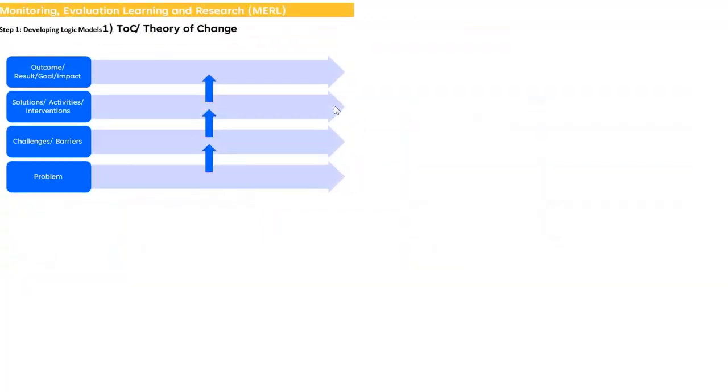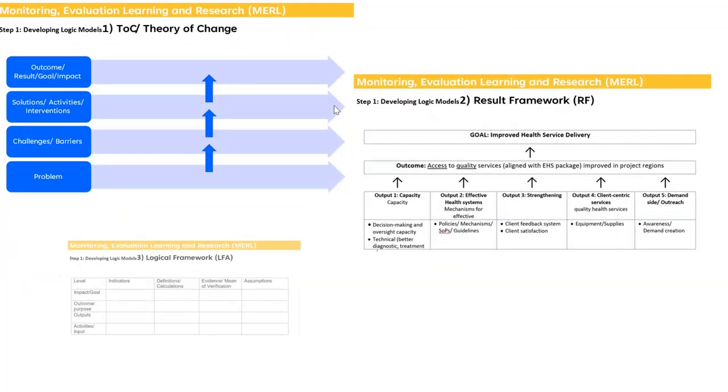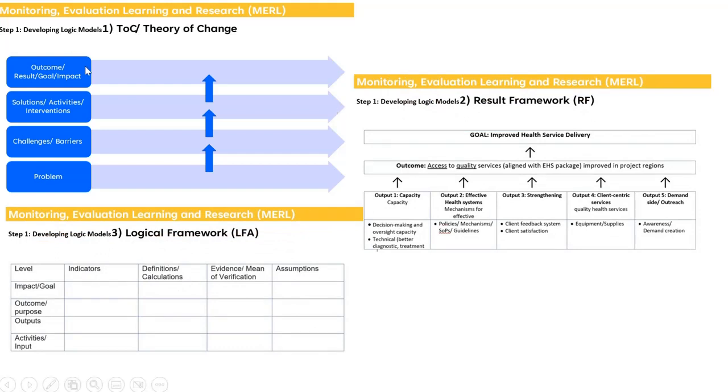Now here in this slide you will see all these three in one place. This is the ToC, this is the result framework, this is the logical framework. And this is the key difference that you can see from the templates also. This one shows a different sort of information. This is based on the ToC and this one is based on the result framework and the ToC also. These are the three key documents that you need to understand and then learn how to develop them.